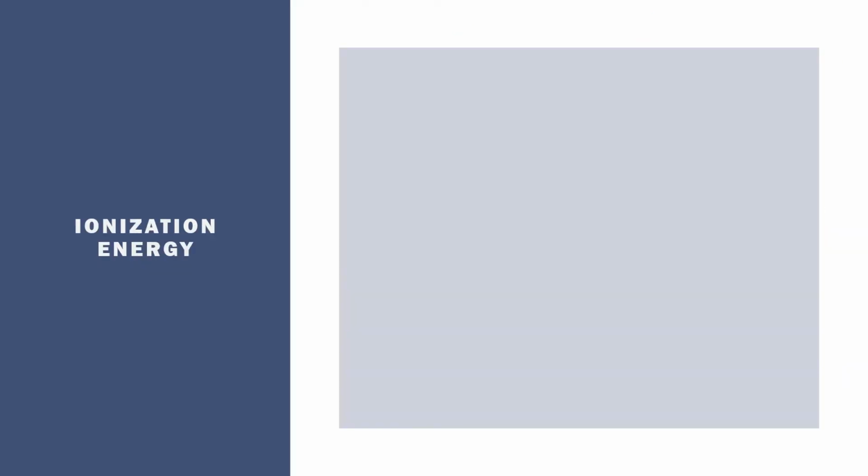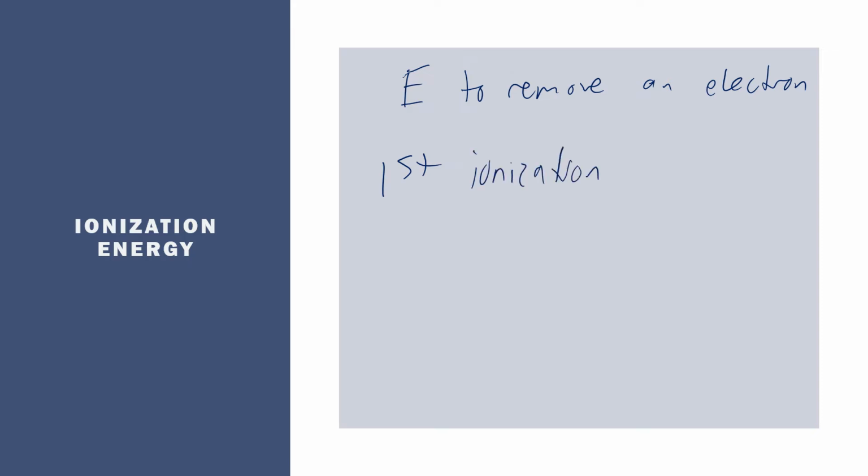Let's review really quickly what ionization energy means. It's the energy required, I'm going to use a big E for energy required, to remove an electron from an atom. We usually start with first ionization energy, which means how much energy it takes to remove the first electron from an atom, or the outermost electron from an atom.